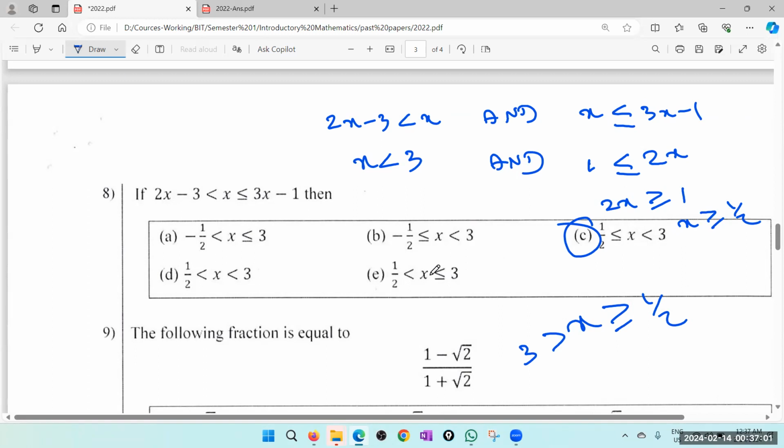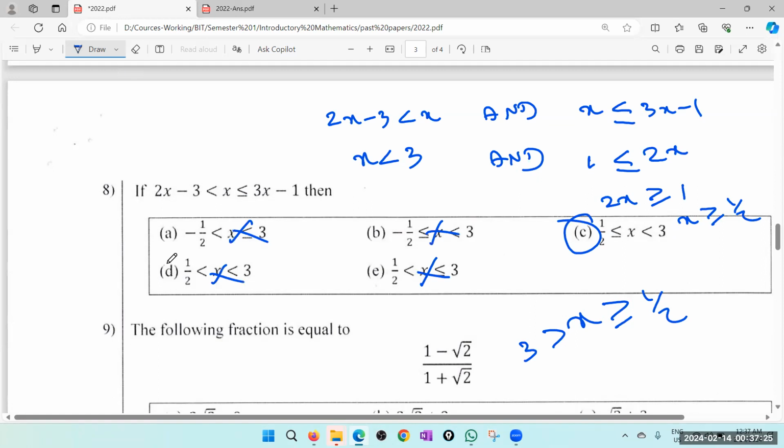This says x is less than or equal to 3. No. It says x is less than 3. That is fine. But it says minus half. No. This one, x is less than 3 part is correct, but greater than half. But it must be greater than or equal to. So this is not less than or equal. So the answer is C. Eighth answer is C.